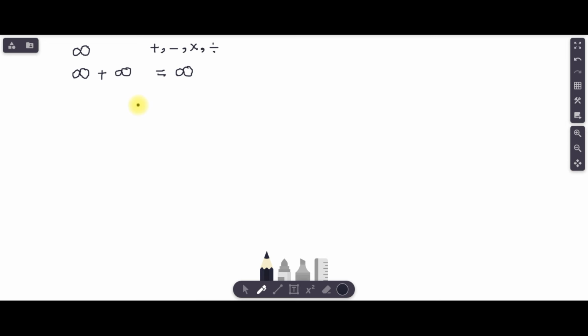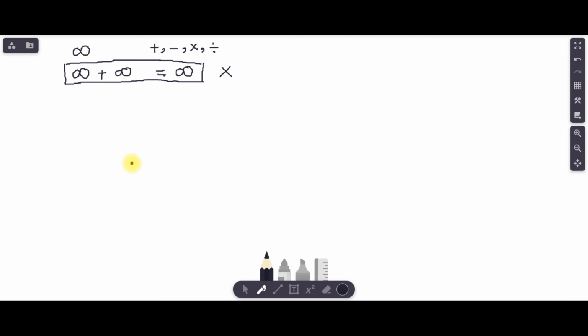So this particular thing, infinity plus infinity, is not an indeterminate form. What is indeterminate? That for which we cannot tell the value well in advance. So it is not an indeterminate form.